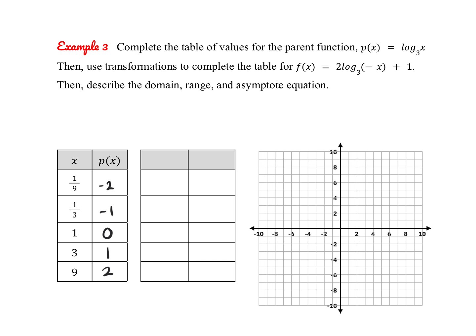And then let's look at the transformations we see in f of x. So we see this 2 out front. So this is going to be a vertical stretch by a factor of 2. And then we have a negative on the inside. So that's going to be a horizontal reflection, which goes over the y-axis.